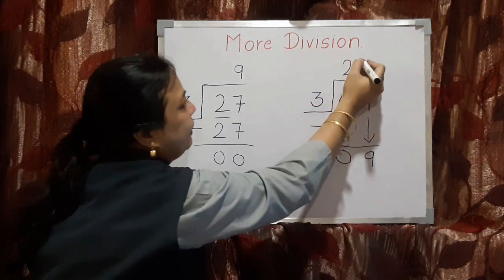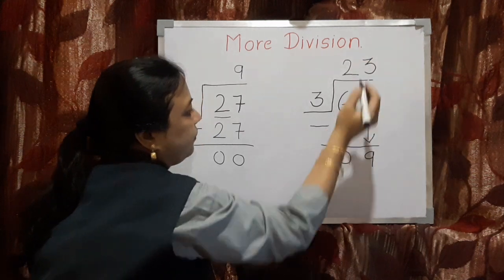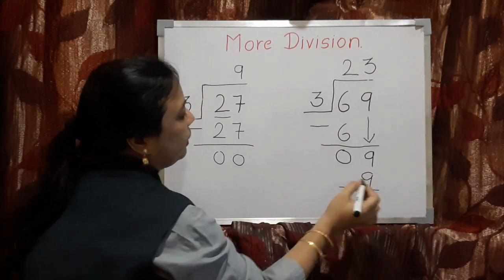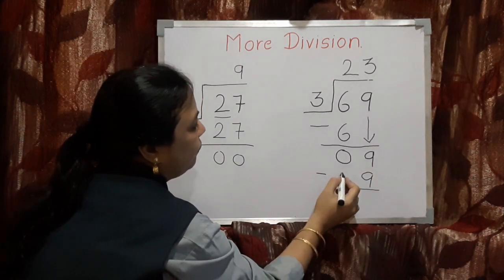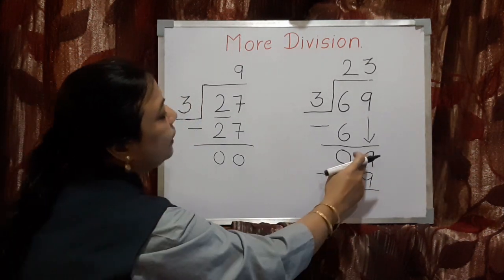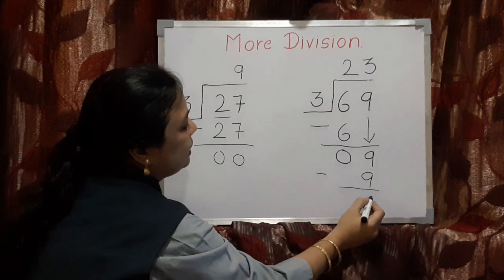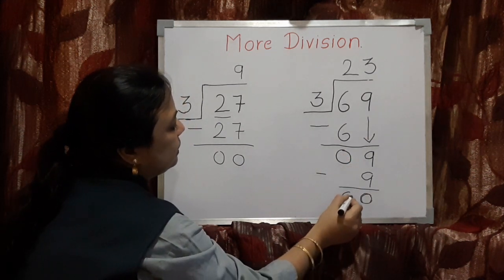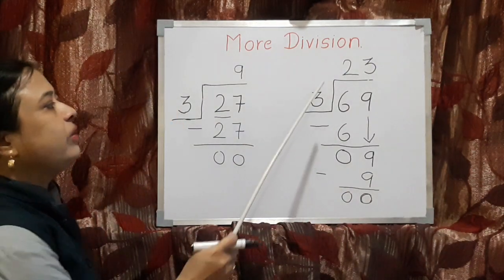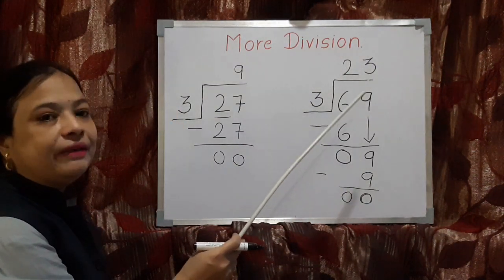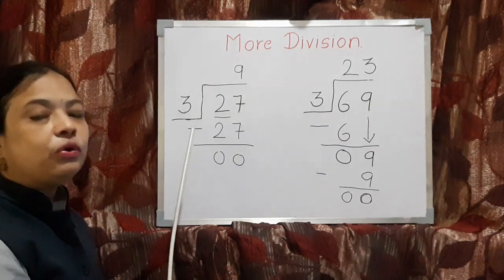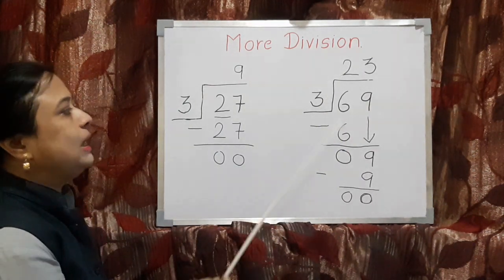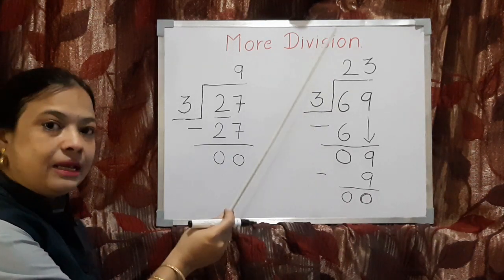So here we will write down 3 threes are 9. Now here nothing is there, so we will consider here as 0. Now 9 minus 9 is 0 and 0 minus 0 is 0. So this way we are going to do the division in 2 steps. Here we were doing only 1 step, but here we are going to do 2 steps. So the answer will be here 23.